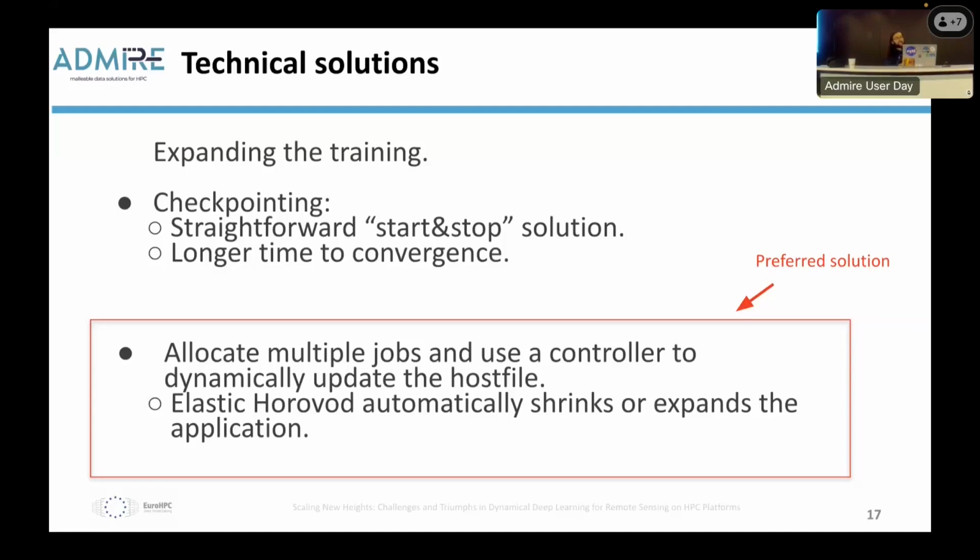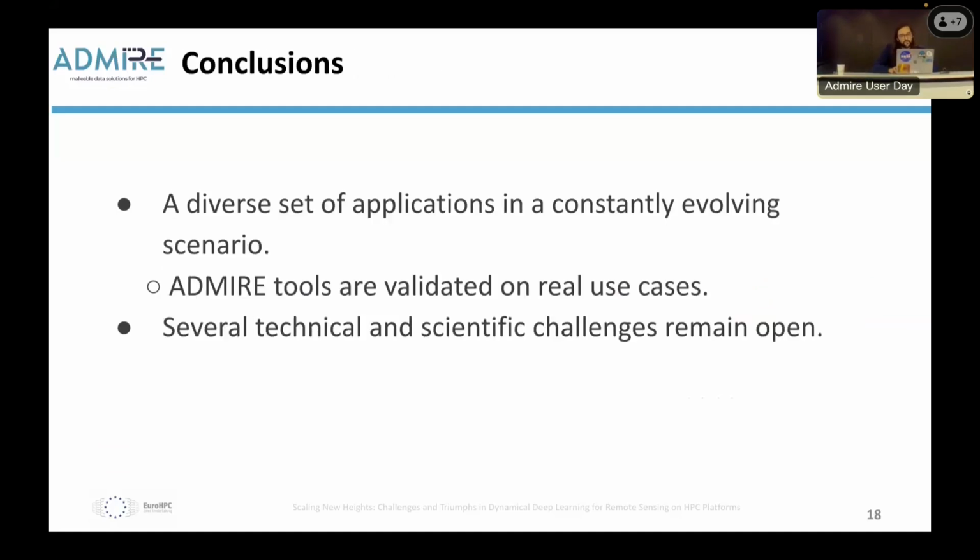And the good thing is that if we are able to update this host file, Elastic can automatically adapt to the newly available resources. Here, I think we are finally at a very good point, in the sense that just this morning we had some very good advancement in that regard. So I think we are definitely opting for this solution, which was anyway our preferred one.